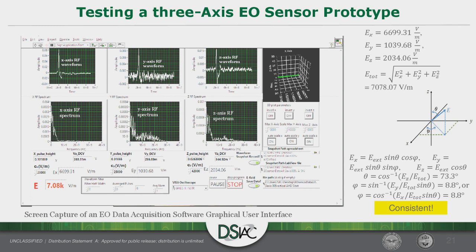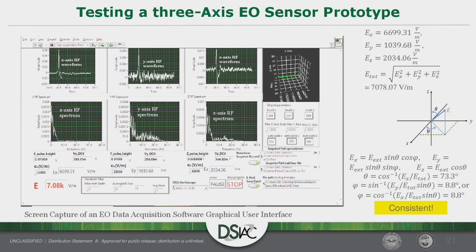From there, you add them up, you get about 7,078 volt per meter. Previously, in the estimate from the potential between the septum and outer shell of a TEM cell, we estimated the E field is 7,080 volt per meter.